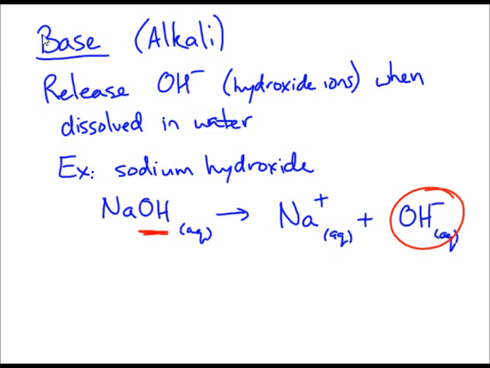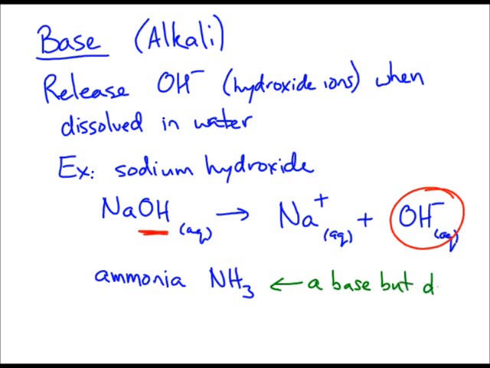So another example of a base would be ammonia. Ammonia, NH3, is another example of a base, but it doesn't really follow this general trend of having hydroxide in it. It's a base, but it doesn't follow that trend. So bases can sometimes be funny that way.